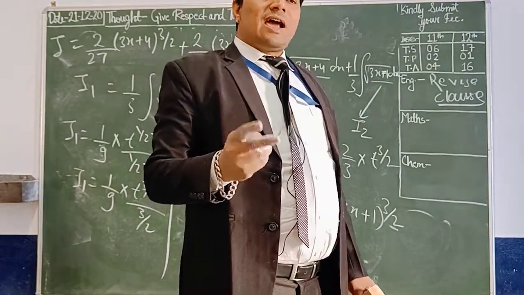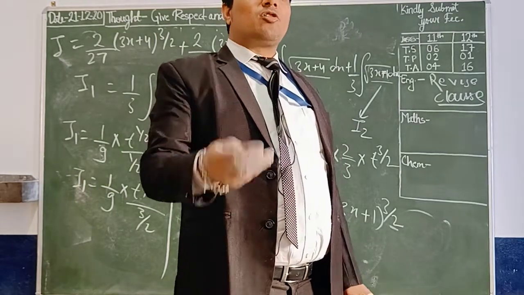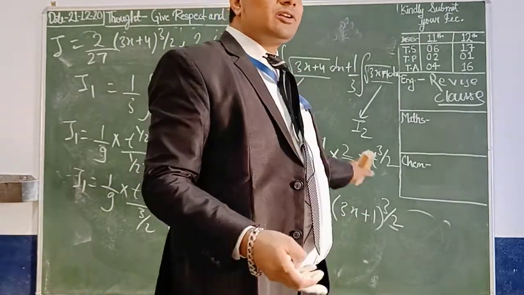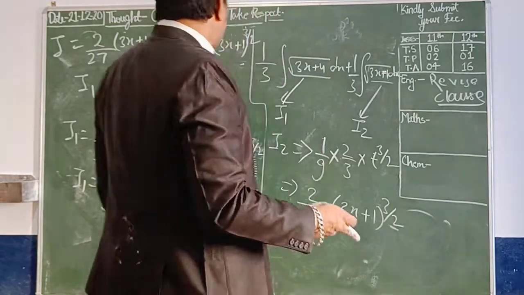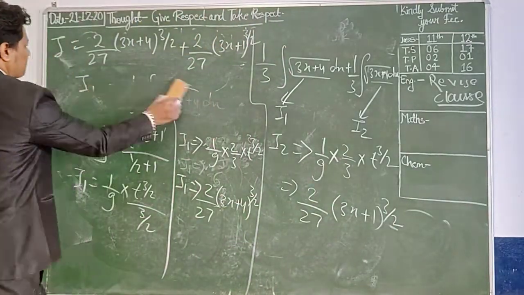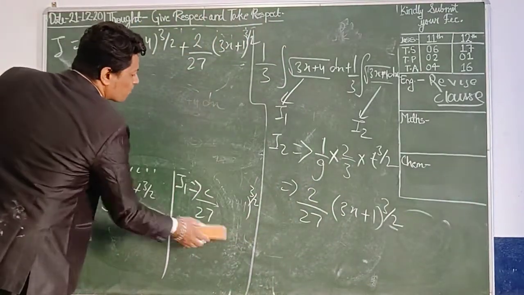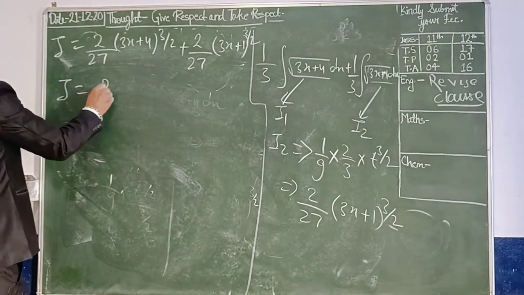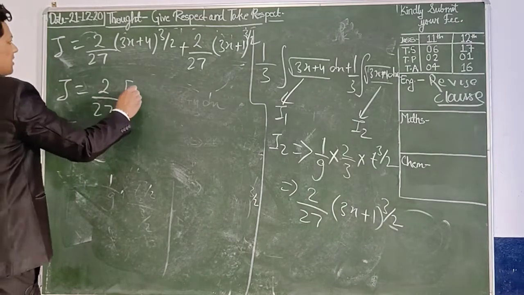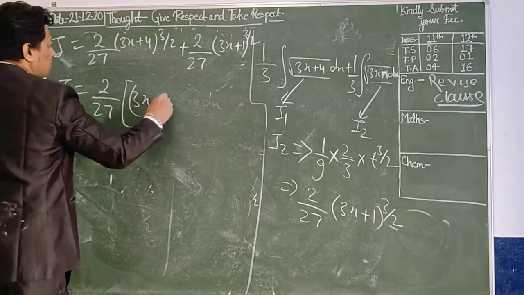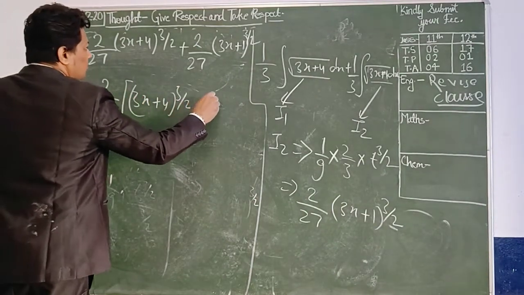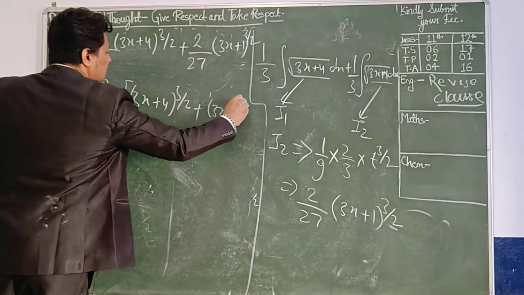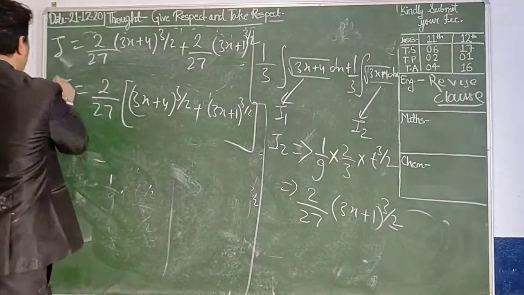And you will also complete, when more and more practice takes place, in 2 or 3 steps. So the final value is I equal to 2 upon 27 times (3x plus 4) power 3 by 2 plus (3x plus 1) power 3 by 2. Right?